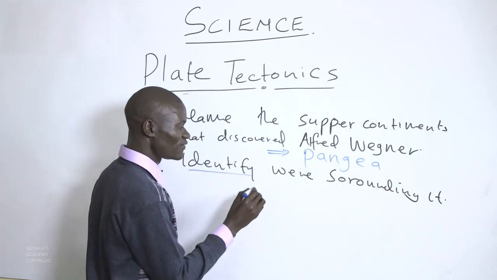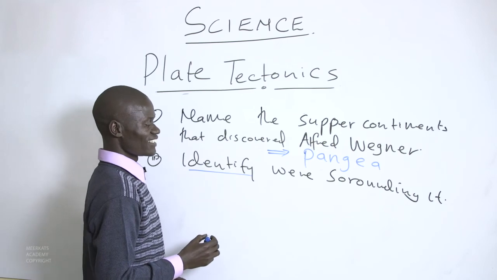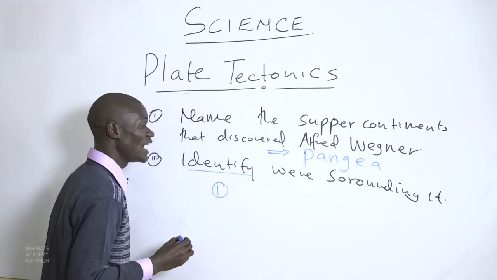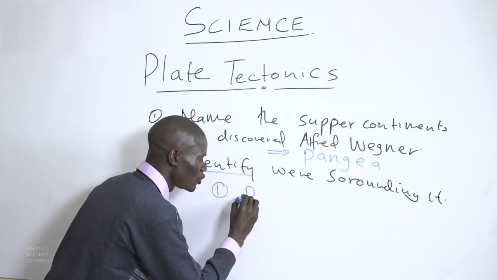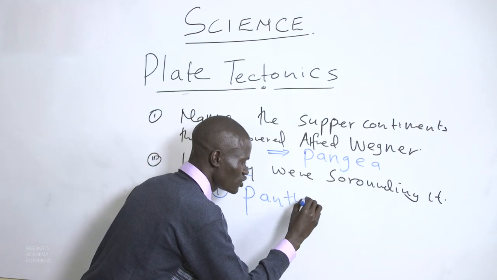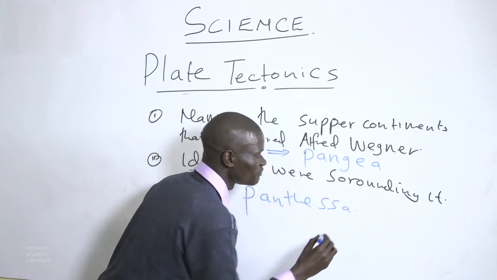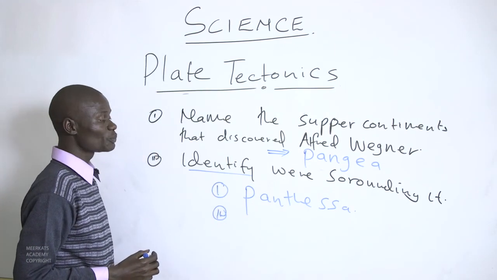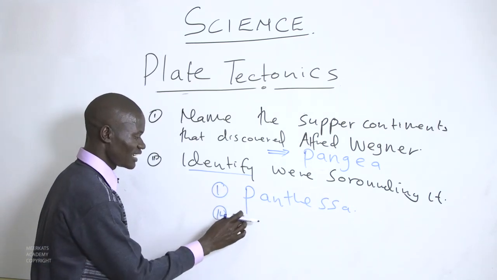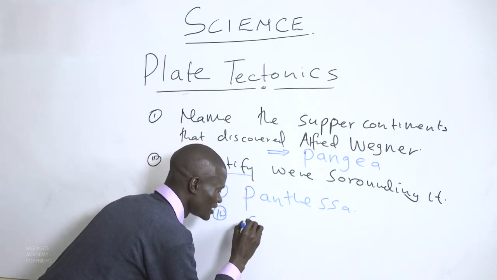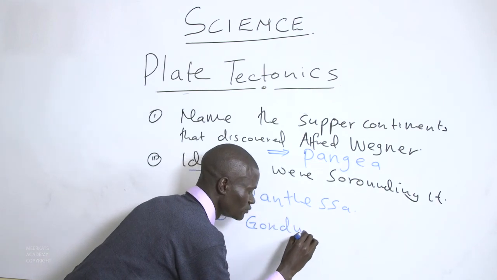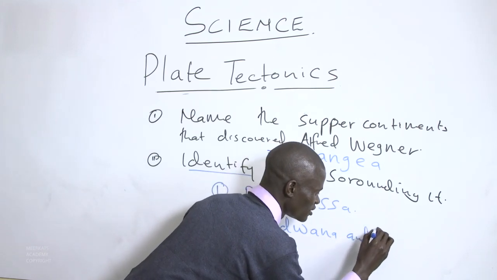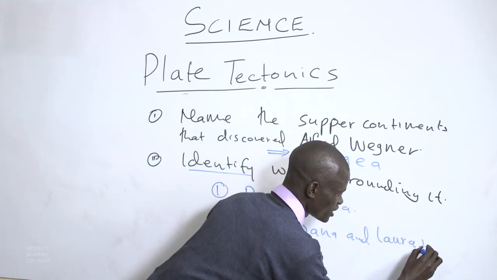And then we have to identify two other parts that were surrounding it. One, it was surrounded by a large water body mass that was known as Panthalassa. And then, upon splitting it into two, it formed what we call Gondwanaland and Laurentian shield.